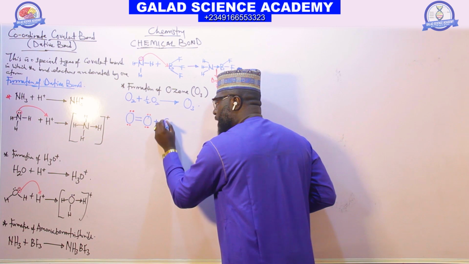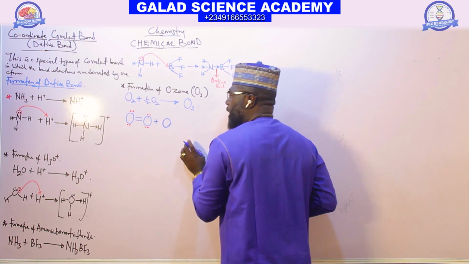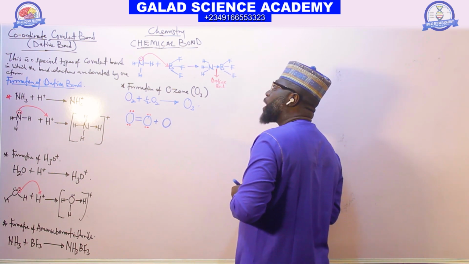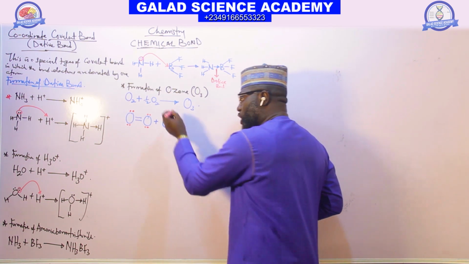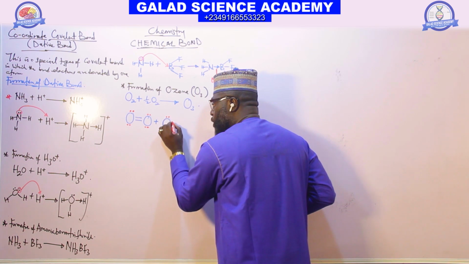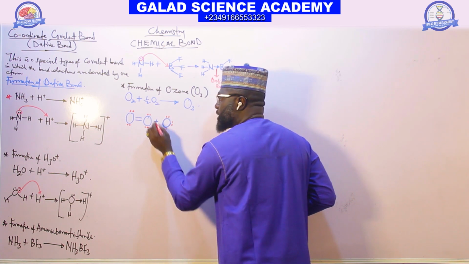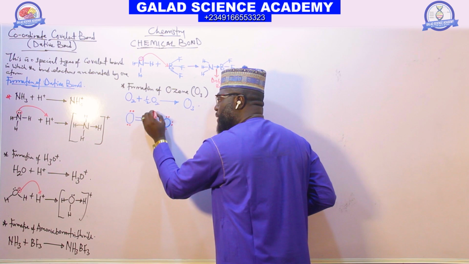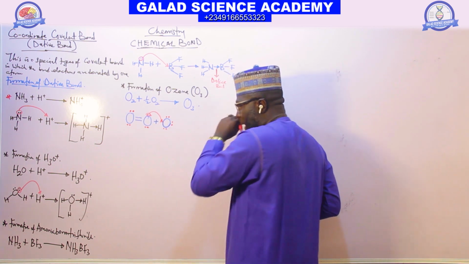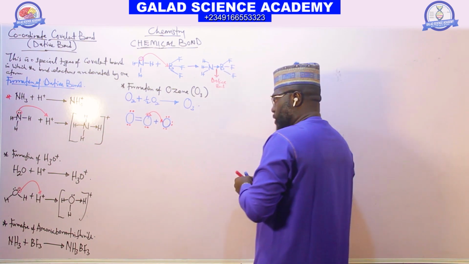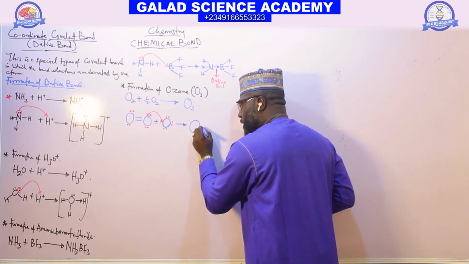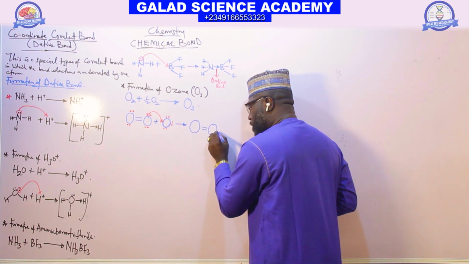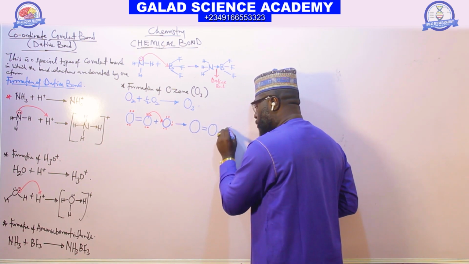The pure oxygen atom has 6 electrons, 1, 2, 3, 4, 5, 6, so it is not stable. So it will donate this lone pair, sharing it with this atom, and we are going to have ozone. This is the structure of ozone.